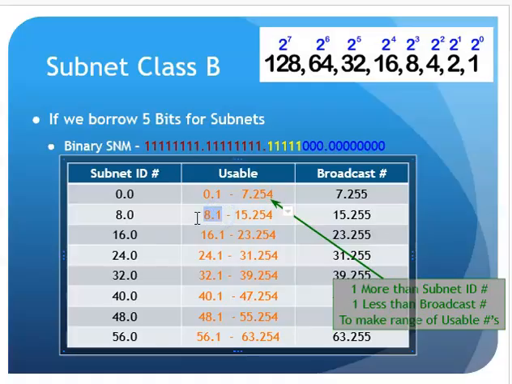I'm going to increase that last octet by 1 number. 16.1, 24.1, 32.1. I'm increasing that last octet position by just 1 number, just like I drove 1 mile down the road. The odometer just clicked up 1 in that far right column.